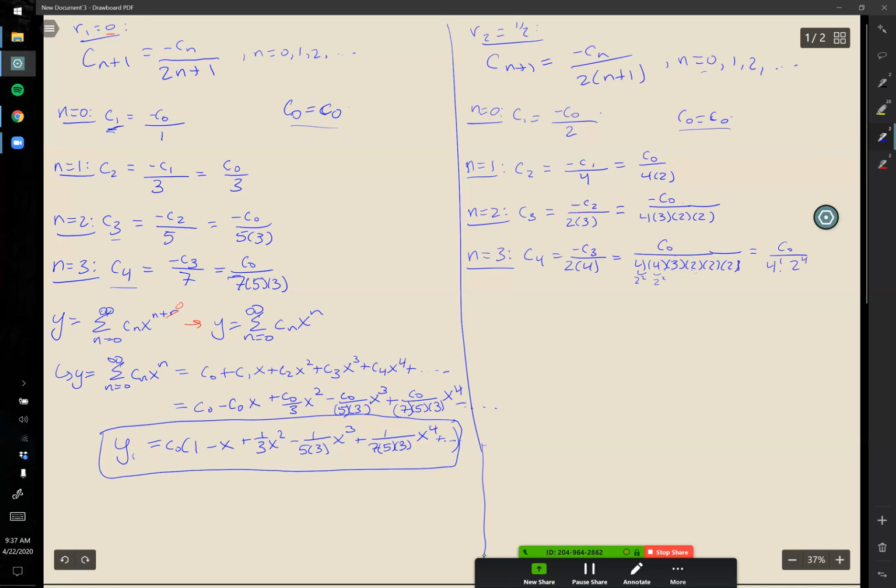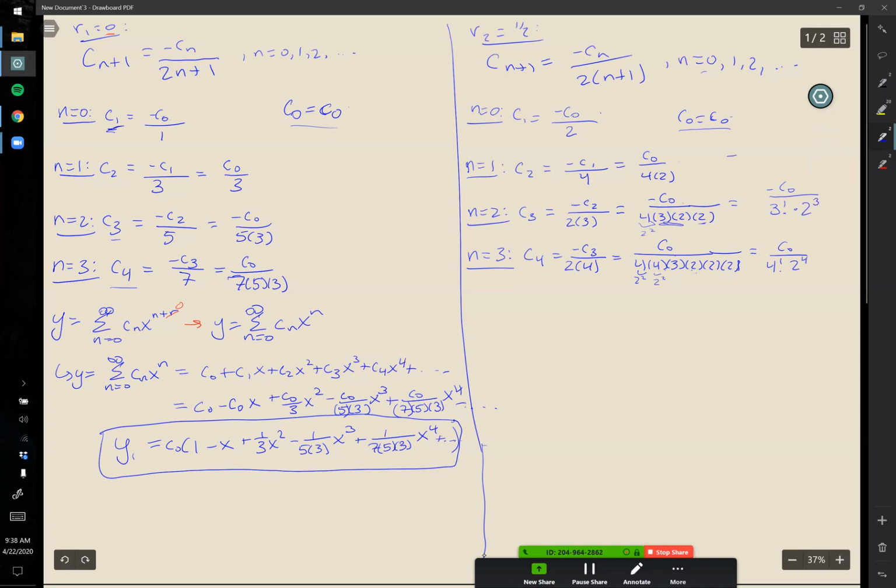I wonder if that pattern holds here too. This is going to be negative C0. Do I have 3 times 2? Yes, so I have 3 factorial, and then I want three 2s. I have 1, 2, and 2 plus 1 is 3.